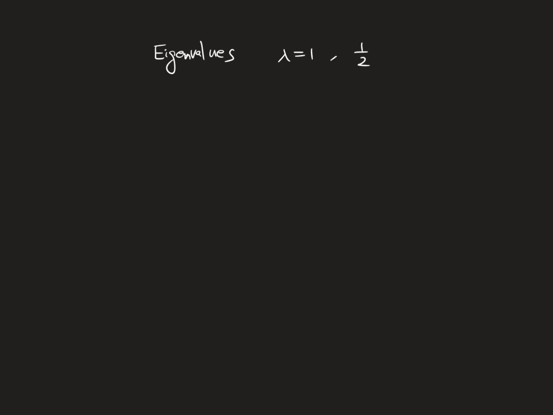So now we know that A minus I and A minus 1/2 I will be singular, because the eigenvalues are the roots of the characteristic equation, and the characteristic equation is determinant of A minus lambda I is equal to 0.